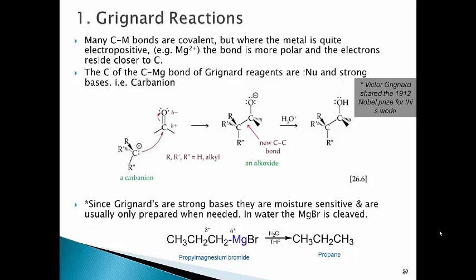If there is water, the magnesium bromide is cleaved and the reaction won't work. In the cleaving process, you would just end up with the propane. So you've got to make sure these reactions are super dry, and you make them and use them in an argon atmosphere normally.